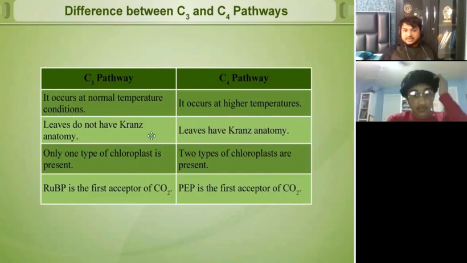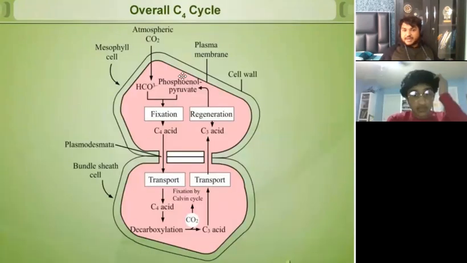Remember, the first thing is RuBP, which combines with the CO2. You remember? Here, Rubisco. But here it is PEP, the first acceptor which is combining with the carbon dioxide. So in the C3 it is RuBP, ribulose bisphosphate, and here it is phosphoenol pyruvate, PEP.